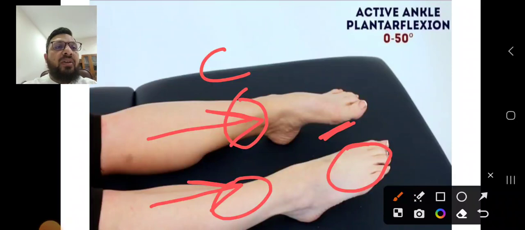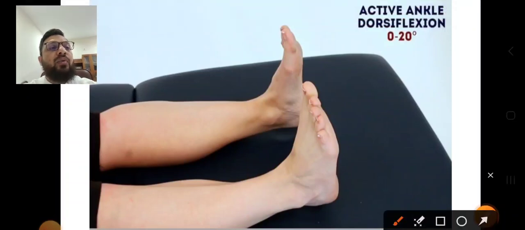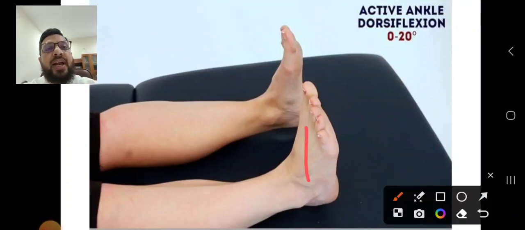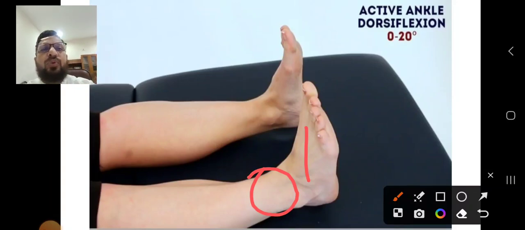Similarly, first the plantar flexion, then your hand will come upward and your other hand will remain the same, and you ask the patient, now can you please push on my hand again? Put your hand on the upper surface, ask the patient to push on my hand again, and similarly perform on the other side.